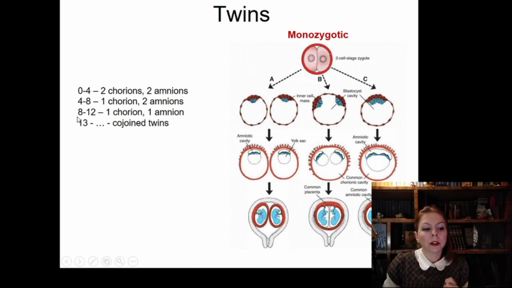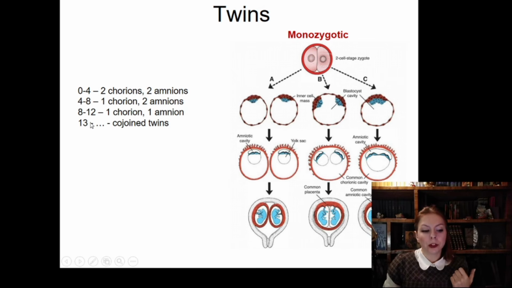In case fission occurred between the 8th and 12th days of development, we'll find out that both embryos or fetuses later will have the same amnion, the same chorion, and it is the normal pregnancy. They could survive, and it's nothing harmful.